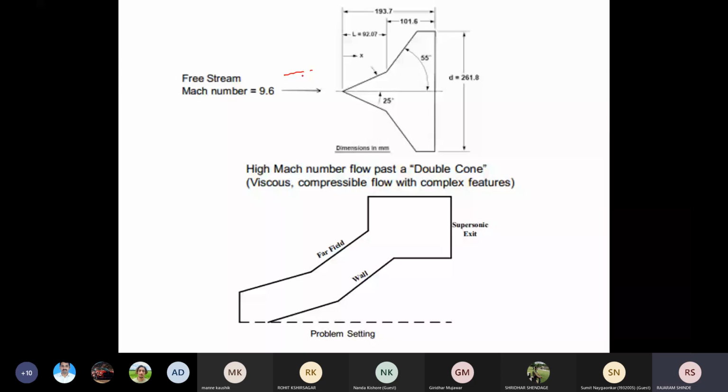So for fluid domain, you create the model or geometry. Now you see here this is a fluid domain. Now this will come like this. Now this is at a certain distance away from your geometry.